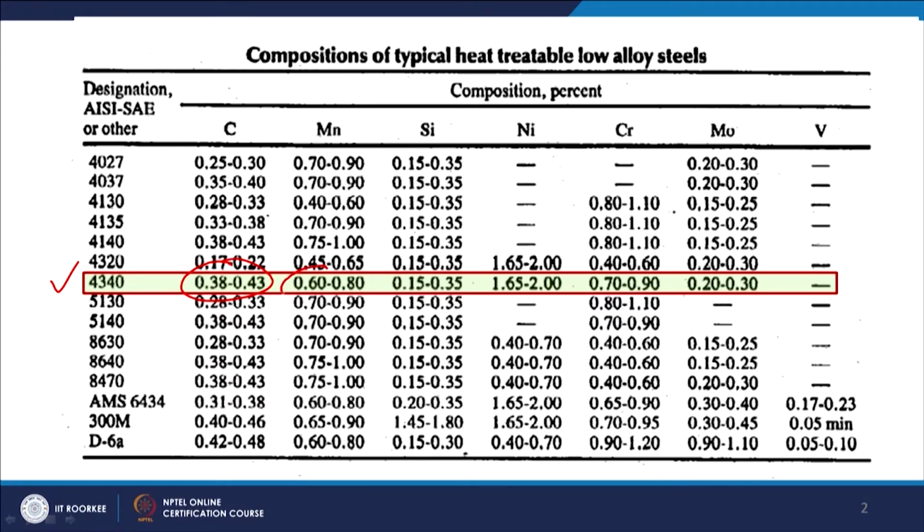Manganese is in the range of 0.6 to 0.8, silicon 0.15 to 0.35, nickel, which is an austenite stabilizer, is present in the amount of 1.65 to 2%, chromium 0.7 to 0.9, and molybdenum 0.2 to 0.3. Because of the presence of these alloying elements in this type of steel, normally the CE is high and hardenability is also high.